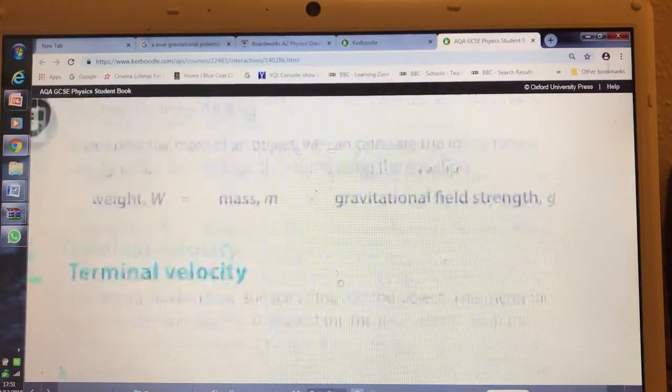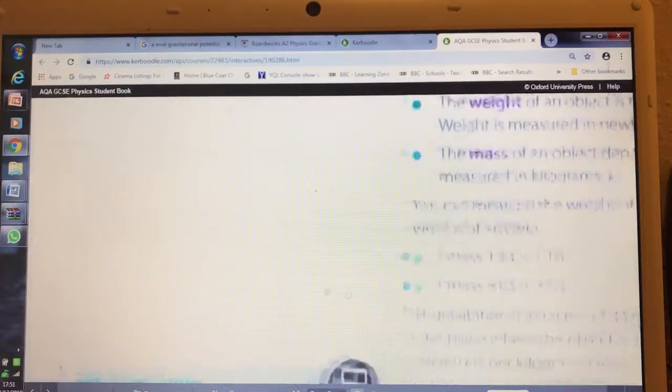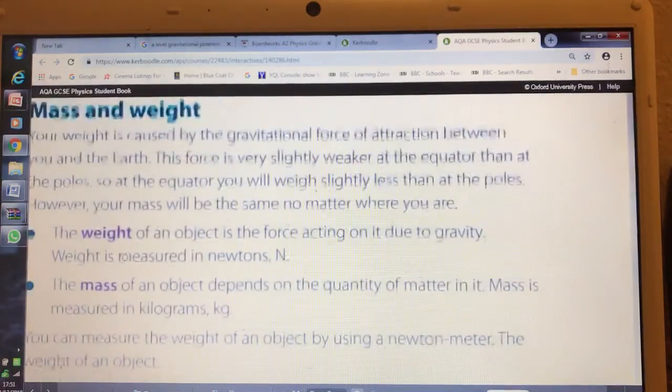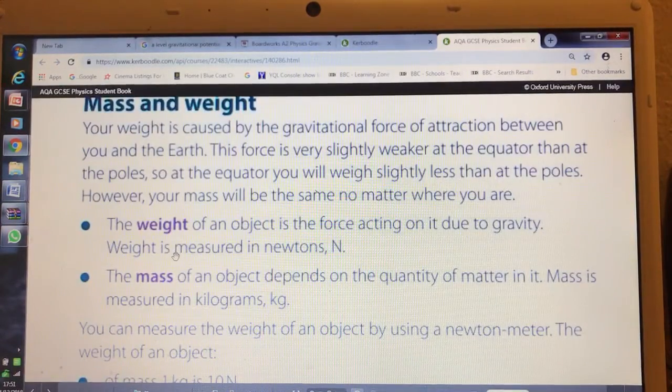So just to reflect on what we just said, the mass of an object is purely the quantity of matter in it, which is measured in kilograms. The metric unit is kilograms, and therefore the mass is going to be constant if you take it anywhere in the universe.